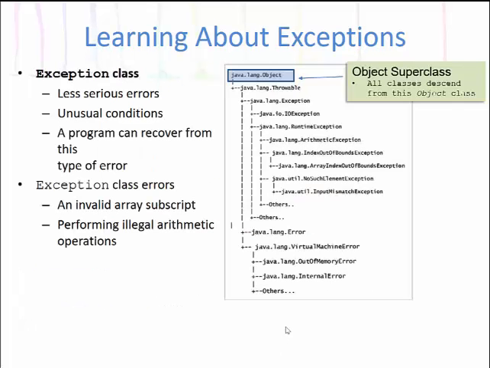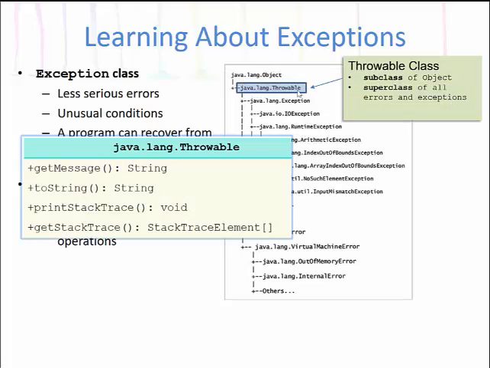So let's look at the exception class to start with. Well, everything, as we've been learning, in Java inherits from the root Object class. So exceptions are an object whose super parent is Object, okay? So from there, Throwable is an object.